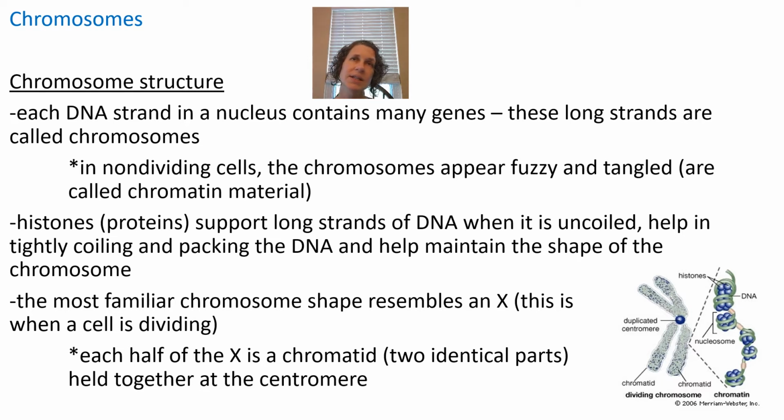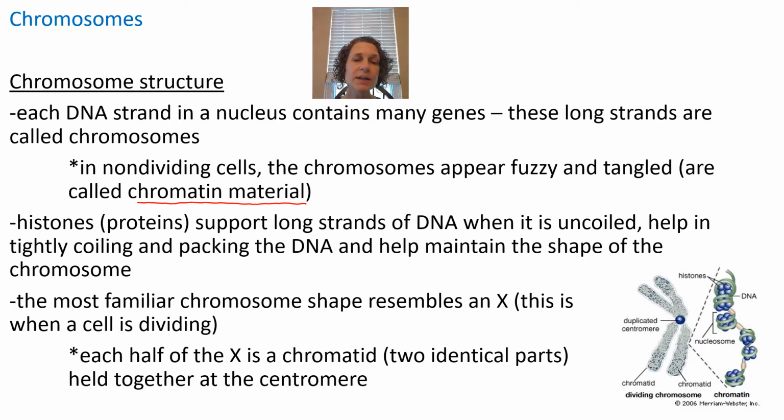In a non-dividing cell, a cell just living its life, the chromosomes are kind of fuzzy and tangled up, and at that point they are called chromatin material. I apologize in advance because a lot of these words are going to sound similar. But in general, when the cell is doing its thing, the DNA is called chromatin material.